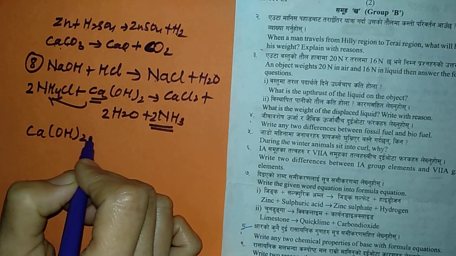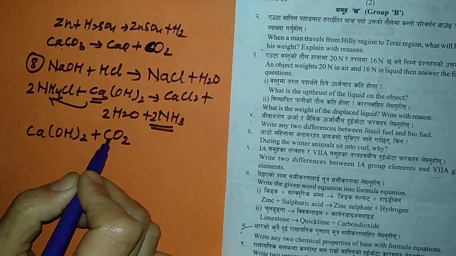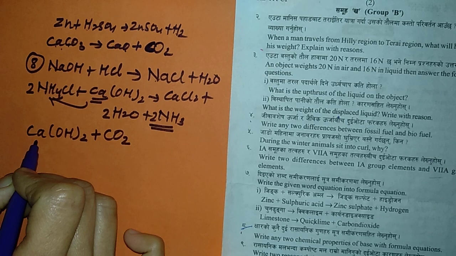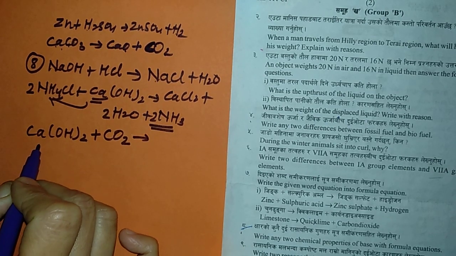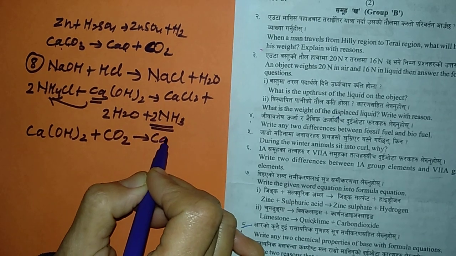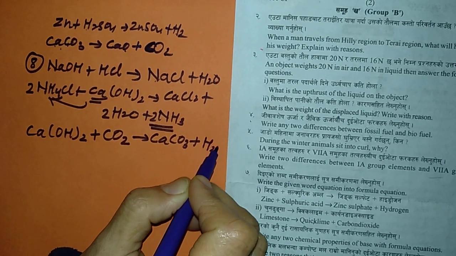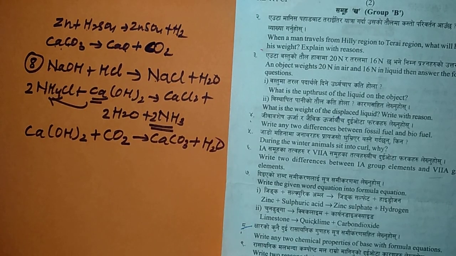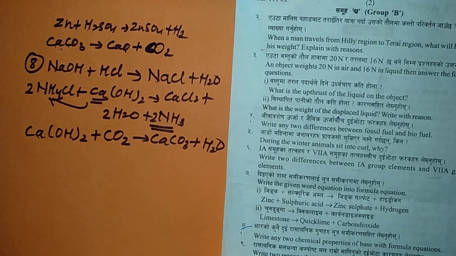Otherwise you can write this one: calcium hydroxide, which is lime water. Carbon dioxide is introduced to lime water continuously. The lime water, which is milky white right now, becomes a clear solution, CaCO3 plus water. This is also a common balanced chemical equation.